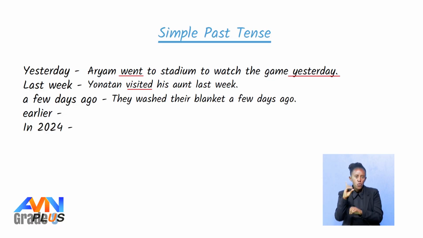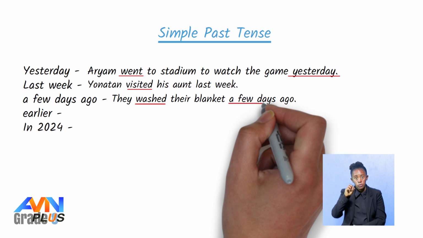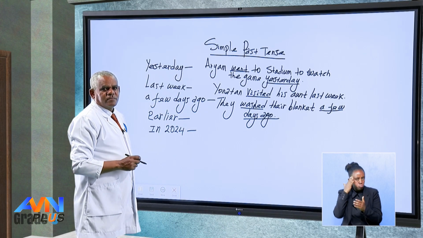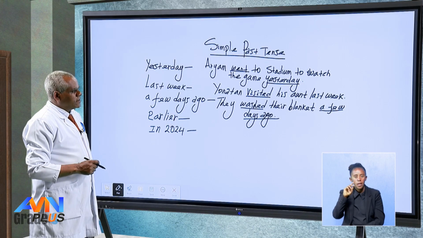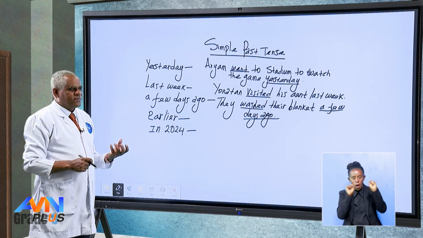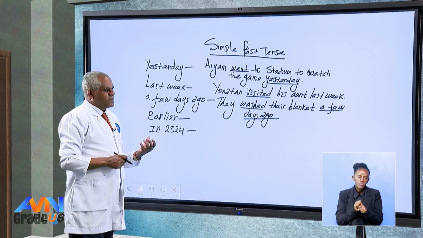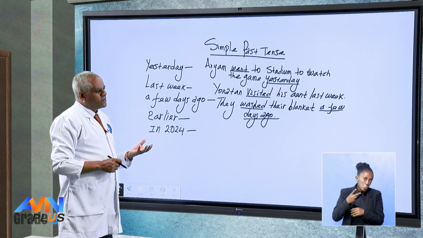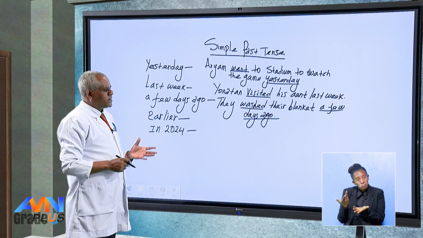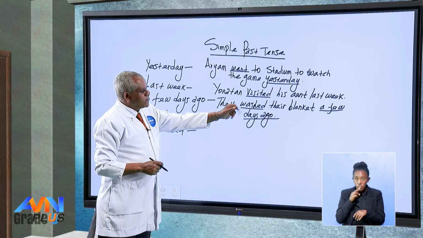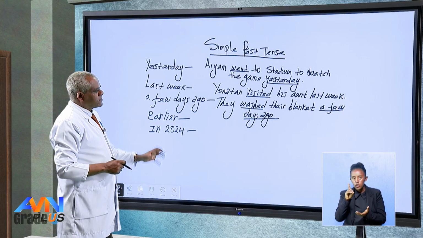Washed. A few days ago. You know, blanket. It is common everywhere. We can wash our blanket day to day, right? That's why it is too heavy. So a few days ago, it's maybe 3 days ago or 2 days ago, 5 days ago, etc. Therefore, these time adverbs are common here. The ed form, that is past tense, is already stated there.